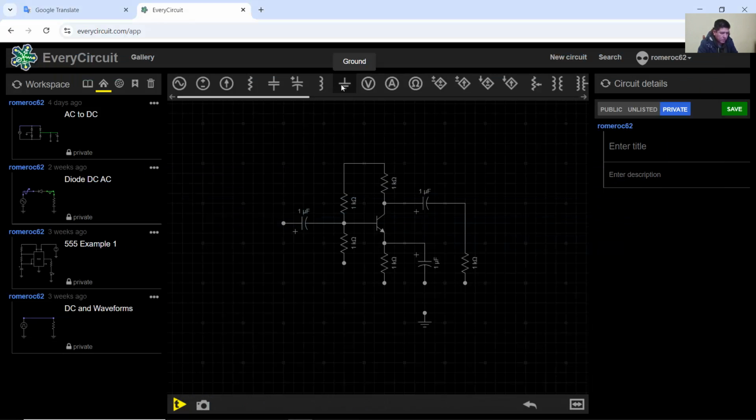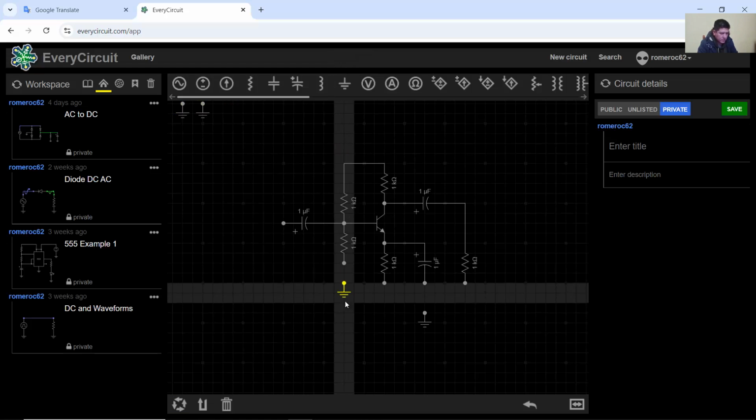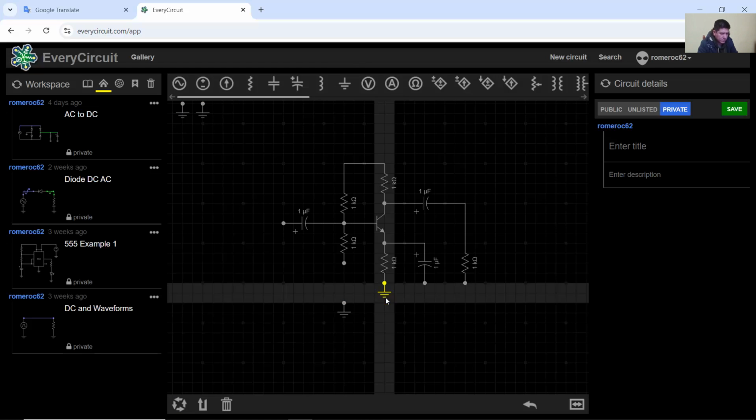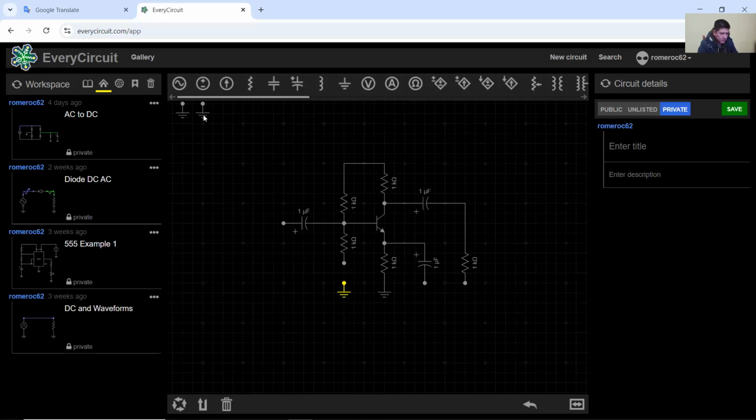Okay, add more grounds. 1, 2, 3. Very good. Now add the voltage source that will be the power supply.